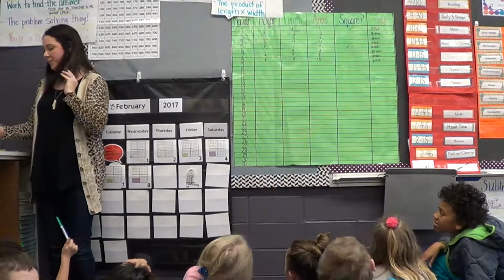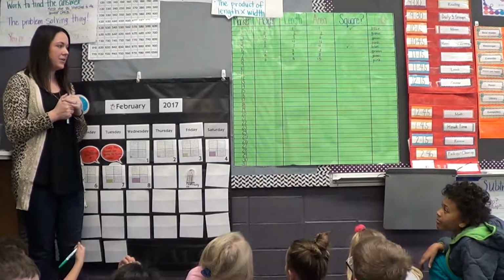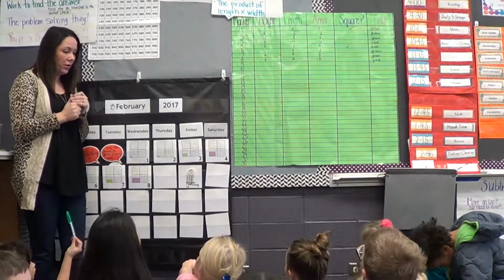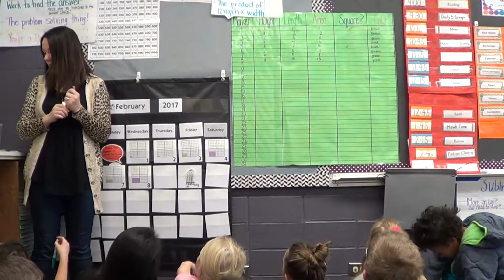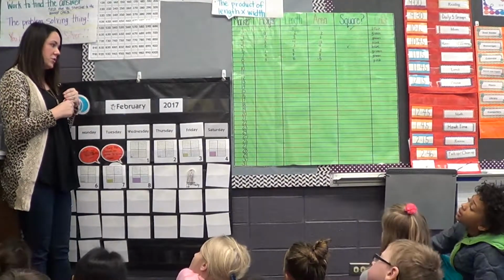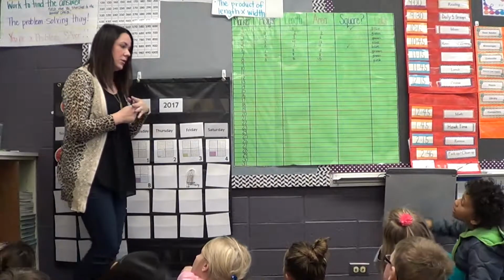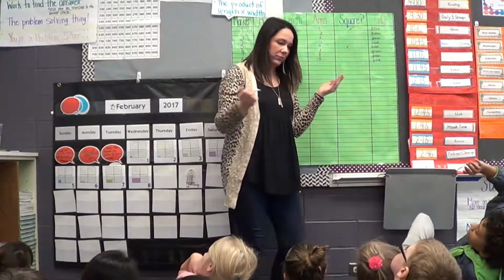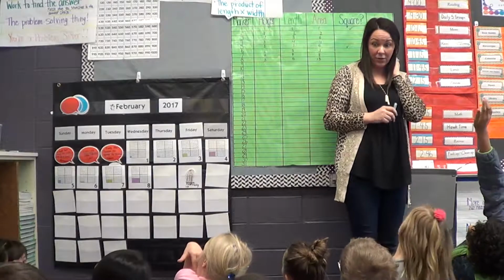Okay, so how much information do I need to know about my pattern to understand the whole pattern? How much information do I need to know about this to understand the entire pattern? Can we understand the entire pattern now?